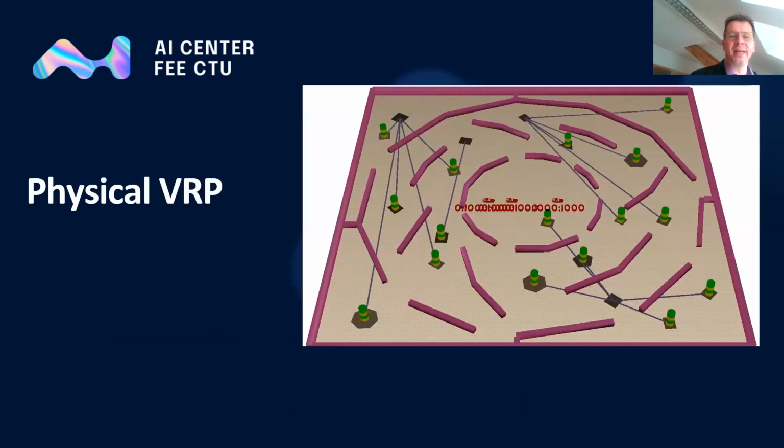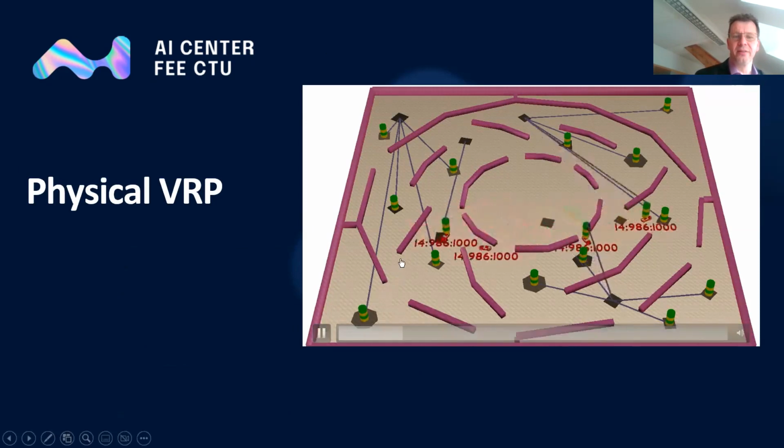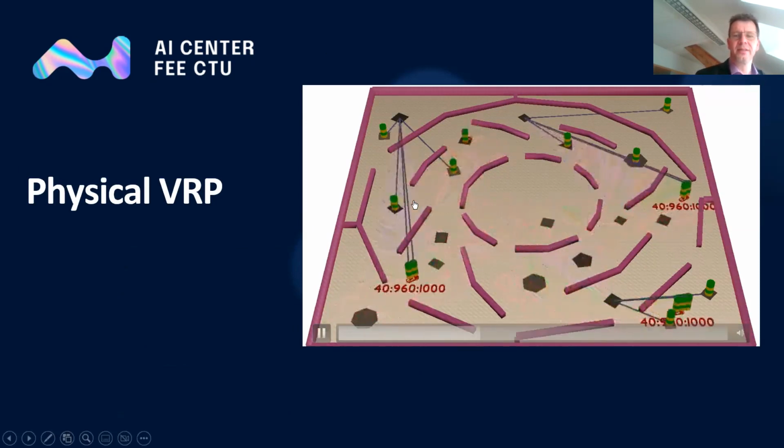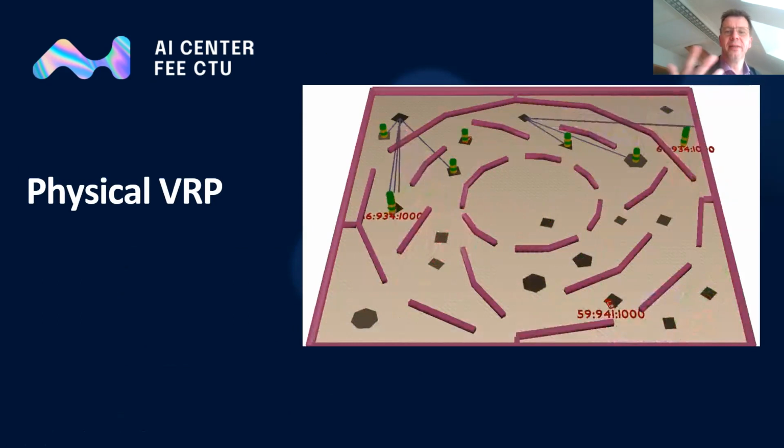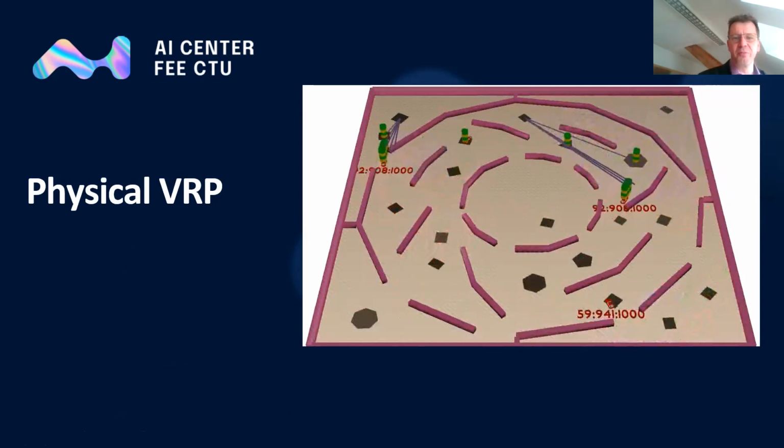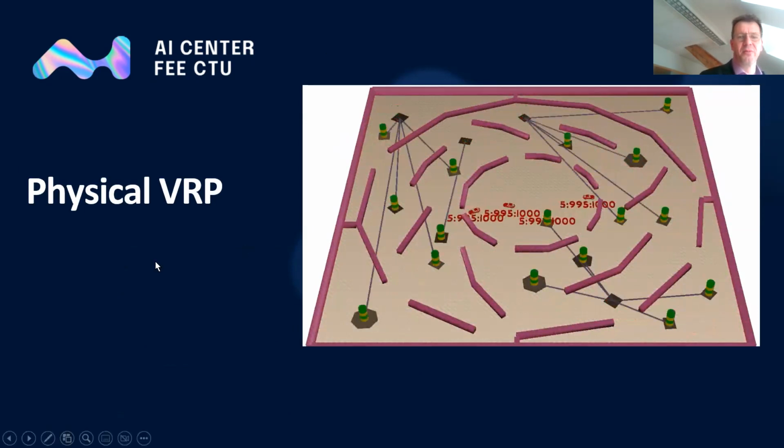So what we are aiming at now, just to give you an idea, is vehicle routing with several vehicles. So now you have the operations research vehicle routing problem on robots, and it's also with pickup and delivery. So this is one of our objectives at the moment.